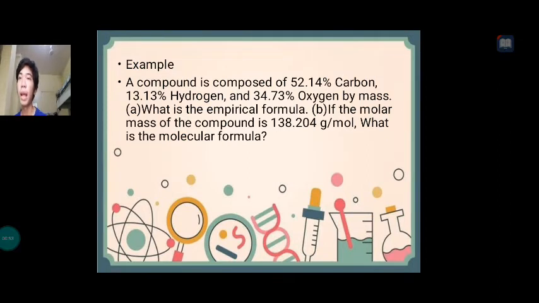So for example, a compound is composed of 52.14% carbon, 13.13% hydrogen, and 34.73% oxygen by mass. What is the empirical formula?